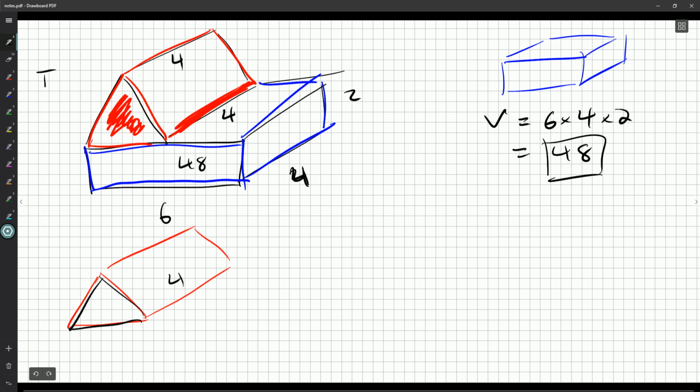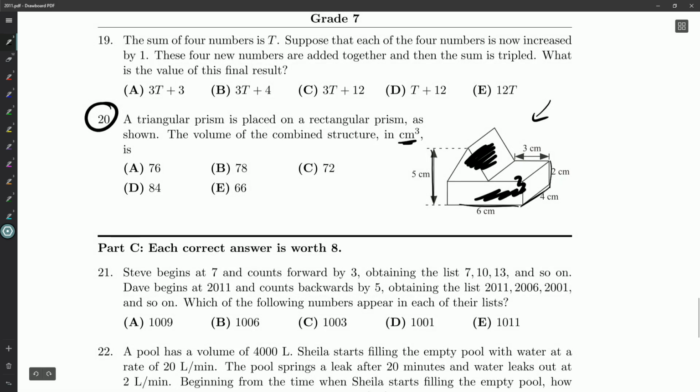Now, I remember they said it was a height of 5, but we also have a height of 2 here. So what's left over to be the height of my triangular prism? 3, because, of course, 5 minus 2 is 3. So I know the height of the triangular base. What about its base?